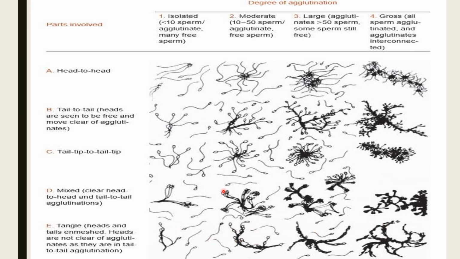So these observations could be taken on a glass slide. And this is all due to the presence of anti-sperm antibodies. It could be IgA, it could be IgG antibodies. We have further ELISA tests for the determination of these antibodies in semen.